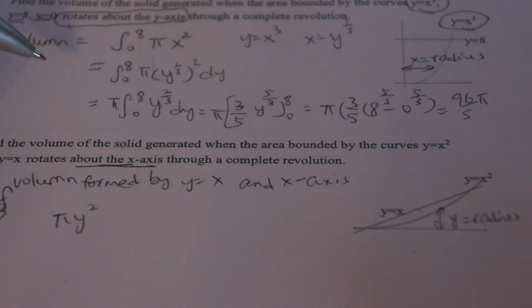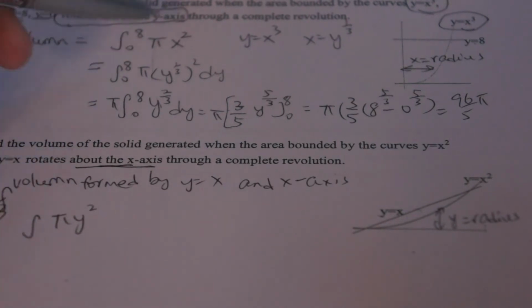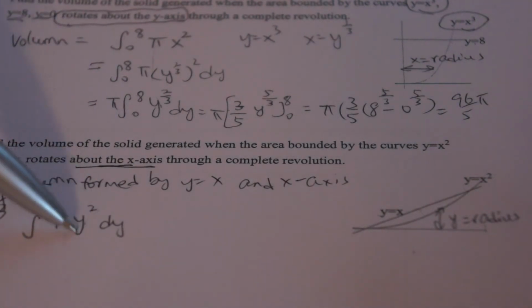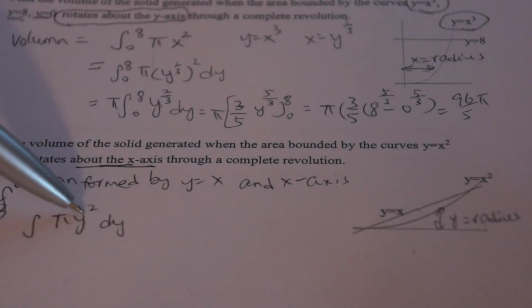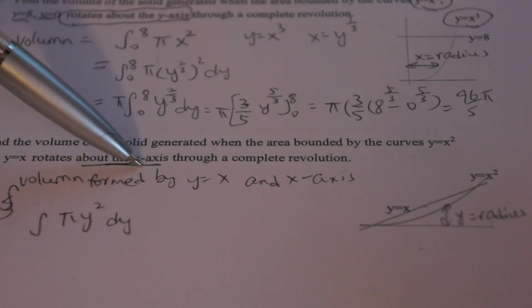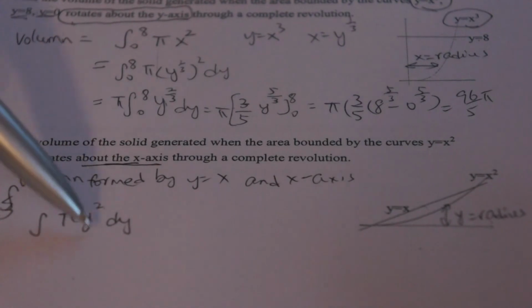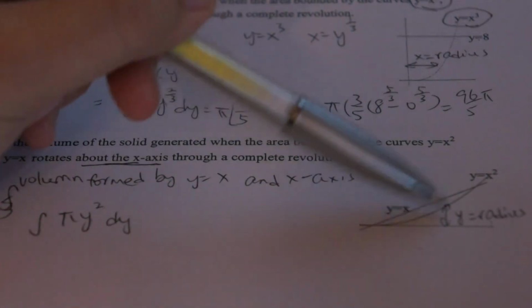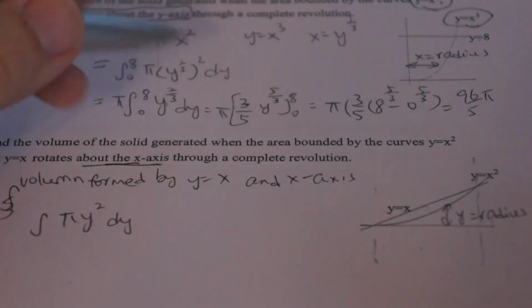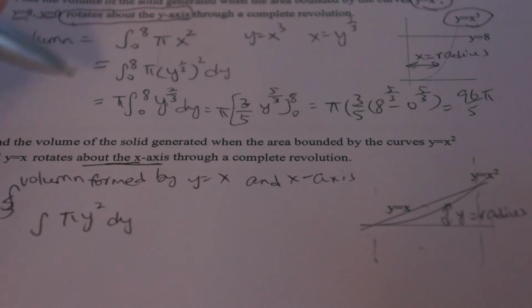And then you will have integrations, but you are having y as the variable right now. Since it is revolved about the x-axis, y is the radius, but in fact you have the range for x. So this is 0 and 1. So this is 0, 0, and this is 1, 1.